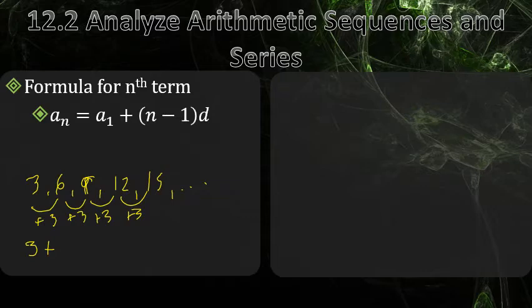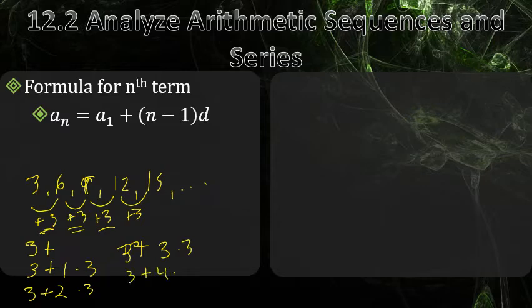To get the 6 is 3 plus 1 times 3. To get the 9 is 3 plus, and there's 1, 2 times 3. To get the 12 would be 3 plus 1, 2, 3 times 3. To get the 15 would be 3 plus 4 times 3.